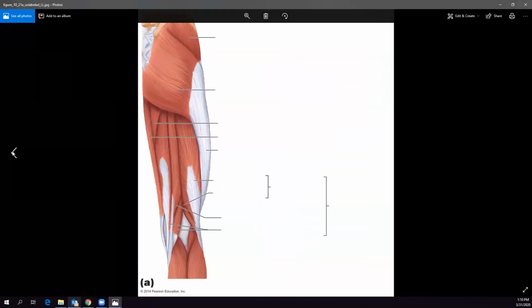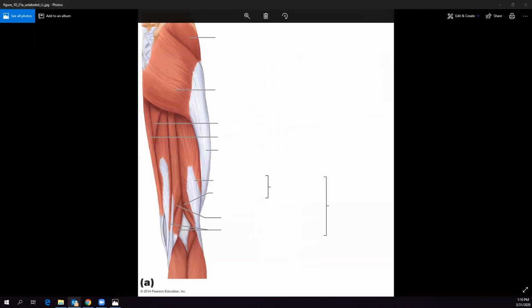All right, so the first one that we're going to look at is the gluteus maximus. So that's this one right here. Okay, so there's the gluteus maximus.